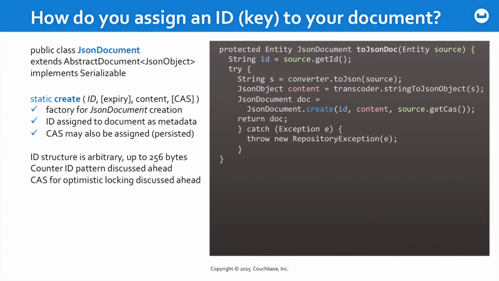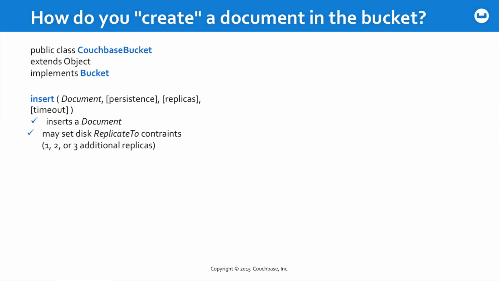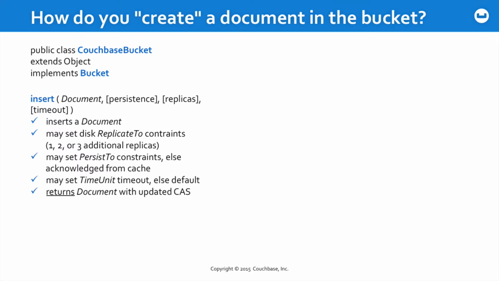So let's take a look at how to do that. To create a document in the bucket, we use the insert method from the Couchbase bucket. So you pass to the insert method a document. Again, as I keep saying, it could be a JSON document, but there are other classes that also derive from document. And then you may set other constraints, such as a replication constraint, to determine how many additional replicas should be created in Couchbase beyond the original.